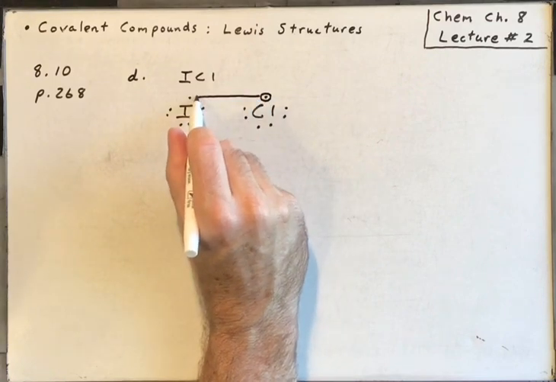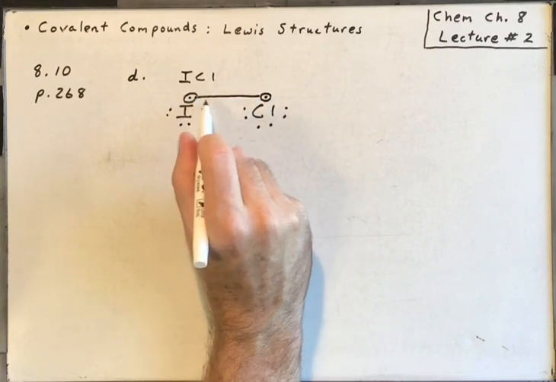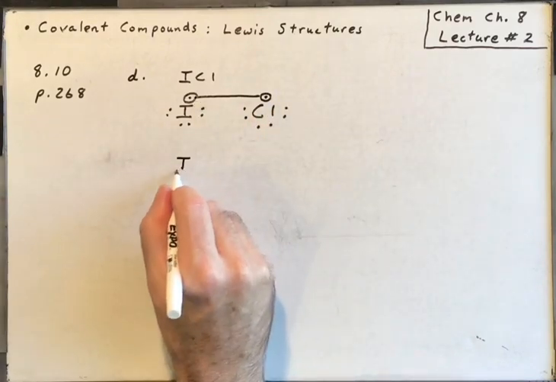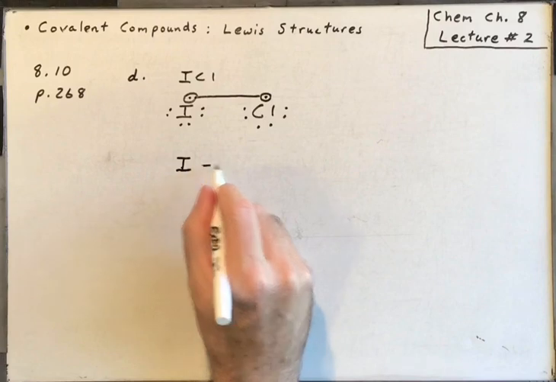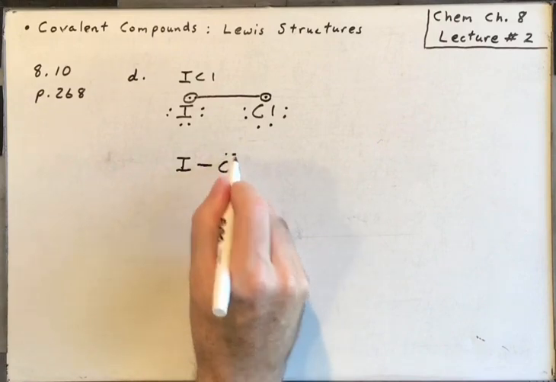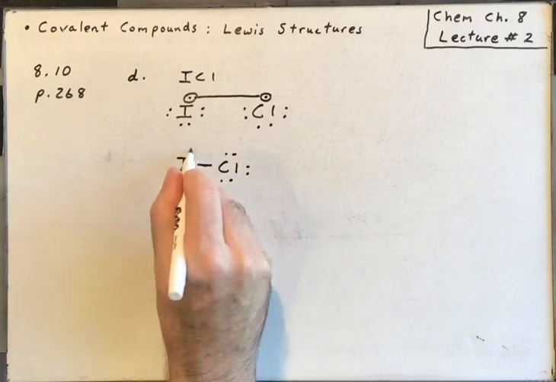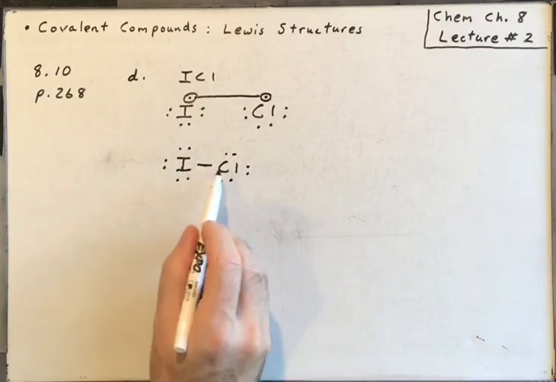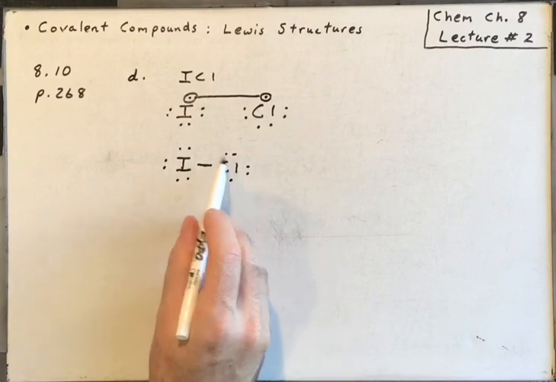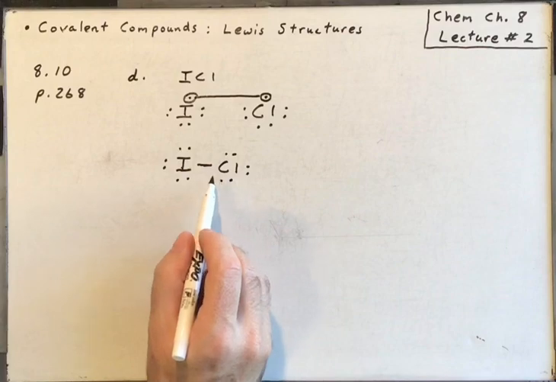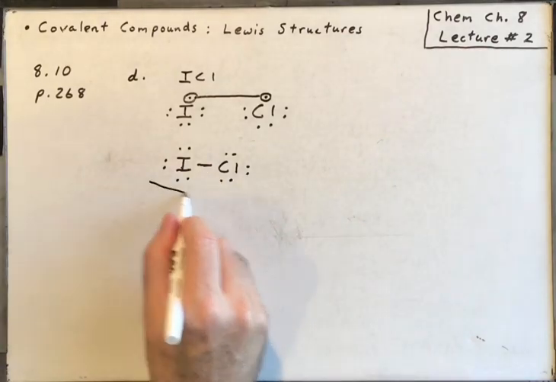So we could just form a single bond between the two unpaired electrons. Since there's just two, there's no central atom here. So just a single bond. And both iodine and chlorine now have the octet rule completed, and each has 8 electrons.